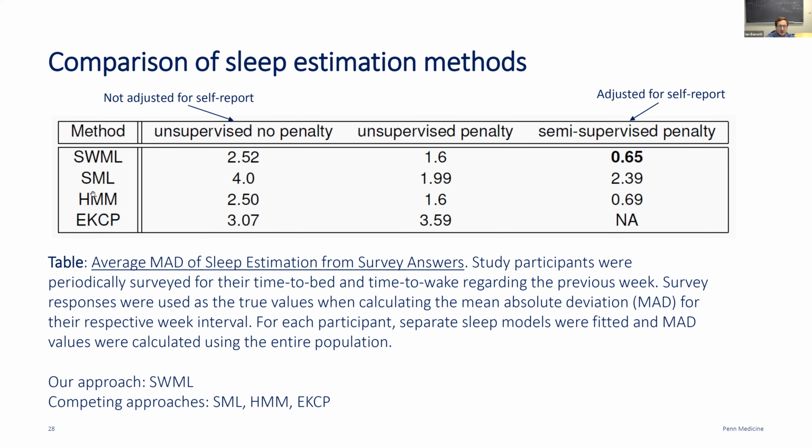It doesn't matter which method you're using. If you treat the phone as the person, you're overestimating sleep duration on a nightly basis by as little as 2.5 hours to as much as 4 hours. We're way overestimating the amount of sleep you get. But with our approach, it goes down to a bias of only half an hour at worst. This is the deviation with our approach.